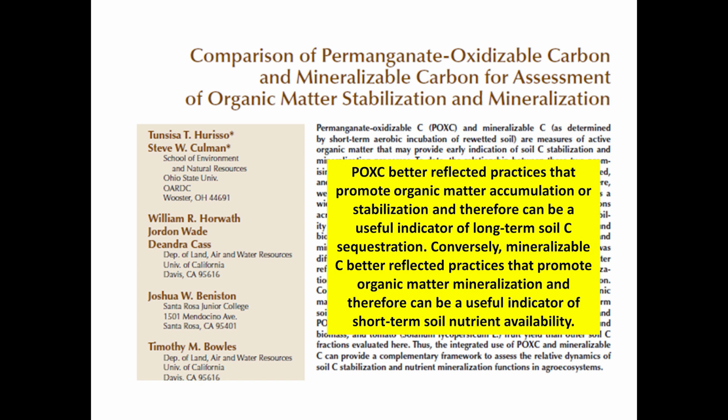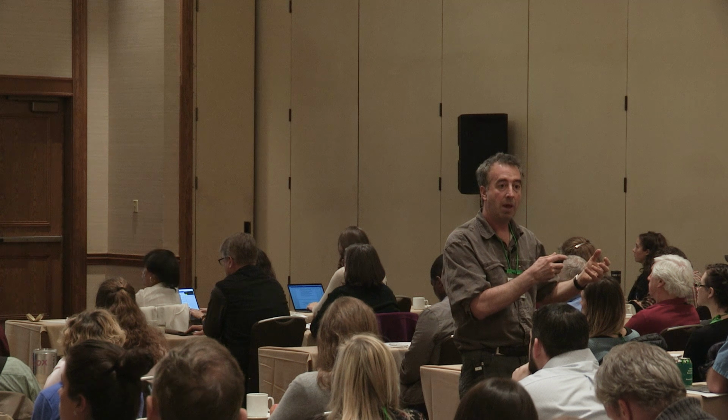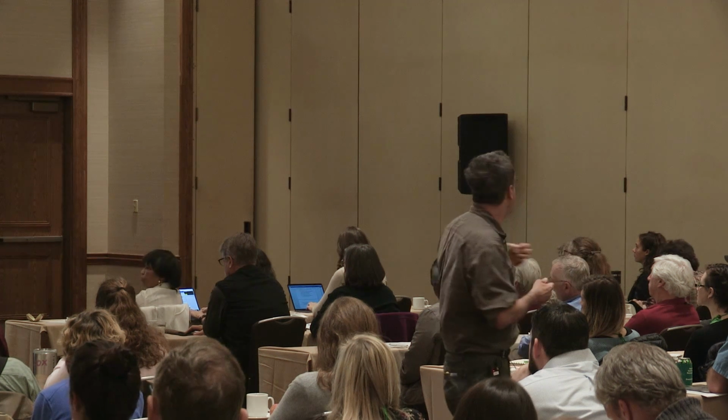And they were comparing this method, the permanganate method, with some other methods. And what they found was the permanganate method was a good predictor of when you were building organic matter. And some other methods, like measuring the microbial respiration, were good indicators of not building organic matter, but releasing nutrients from organic matter.